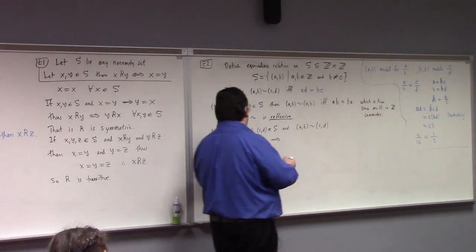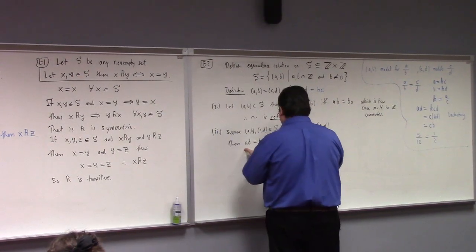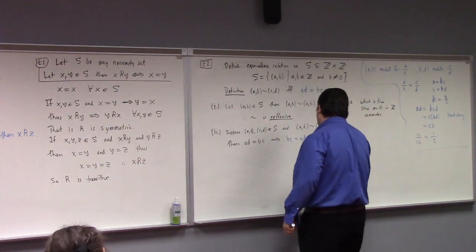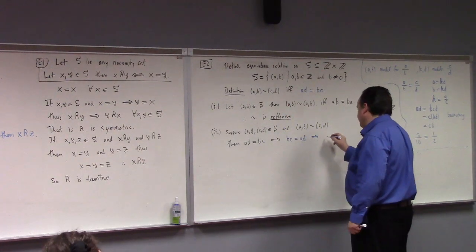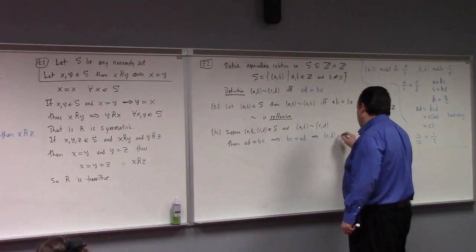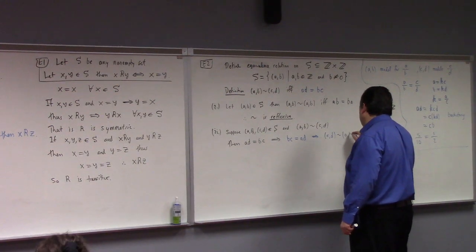I can write the equality the other way, right? BC is equal to AD, which tells me what, by definition? This tells me that (C, D) is equivalent to (A, B).